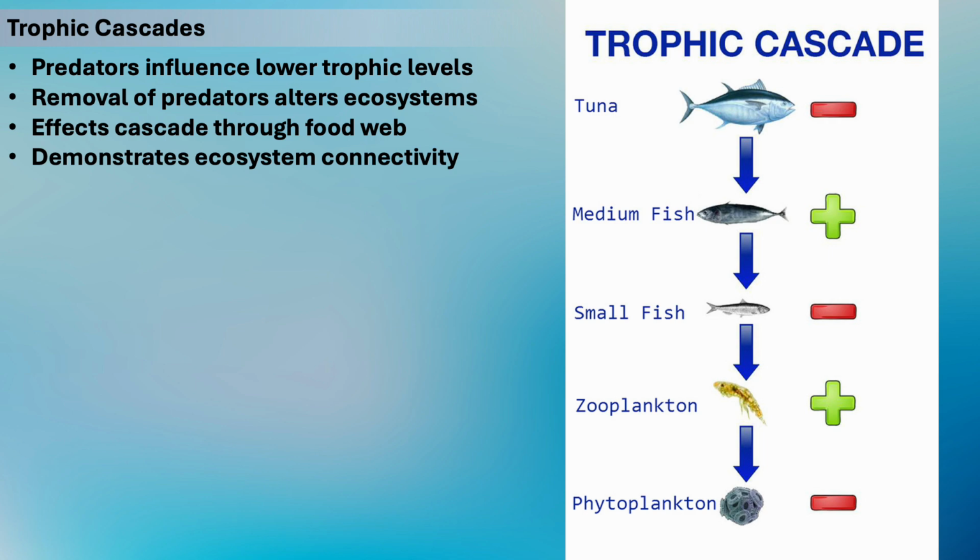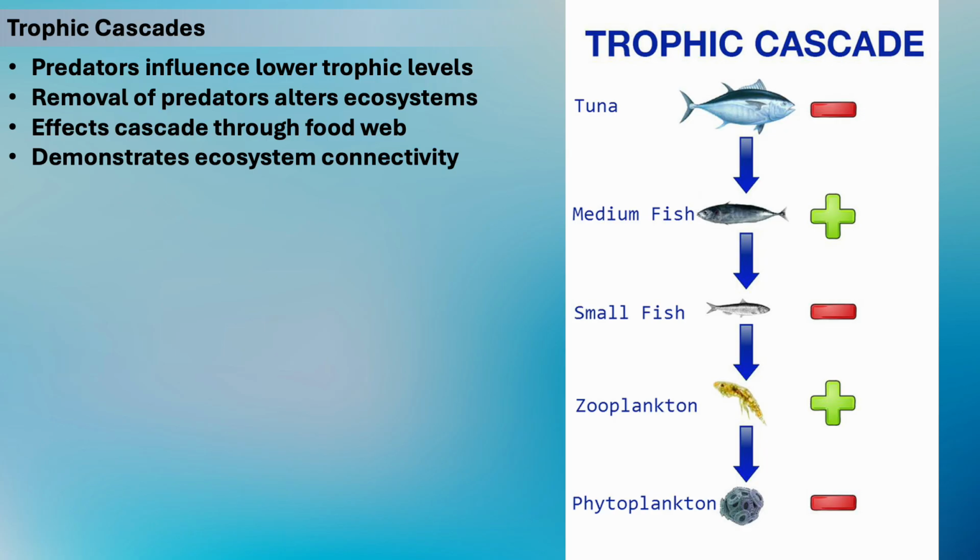Food webs are influenced not only by changes at the base of the ecosystem, but also by changes at higher trophic levels. When predators influence the abundance of organisms at lower trophic levels, the resulting chain of effects is known as a trophic cascade.